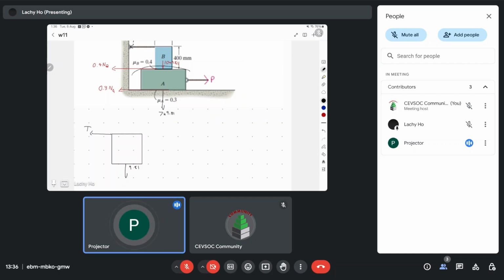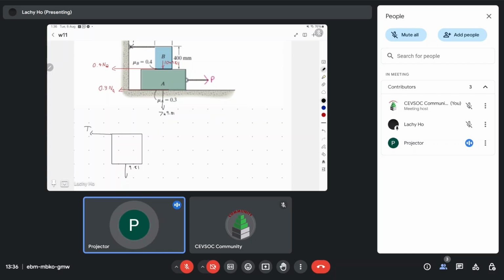So which direction is the friction moving? Because the ground under is trying to move to the right, the friction force is going... no, sorry, we have to think about it. Yeah, it's going to the right.